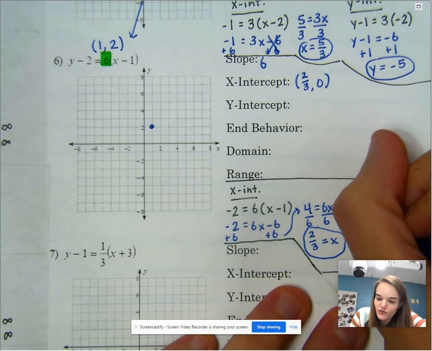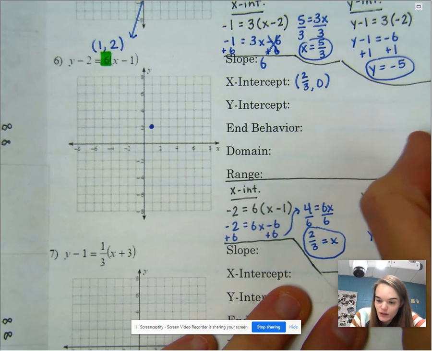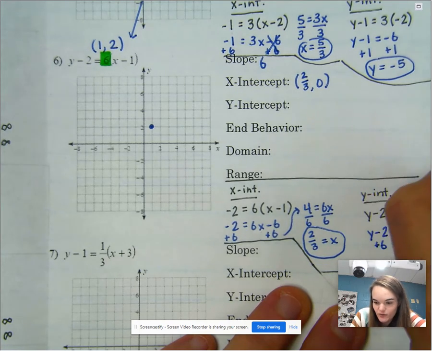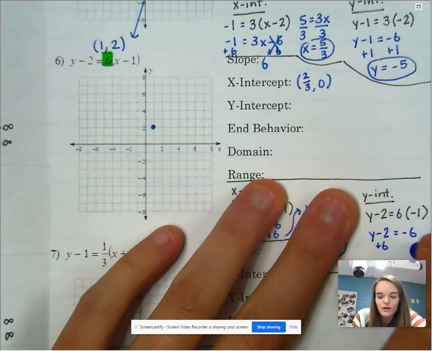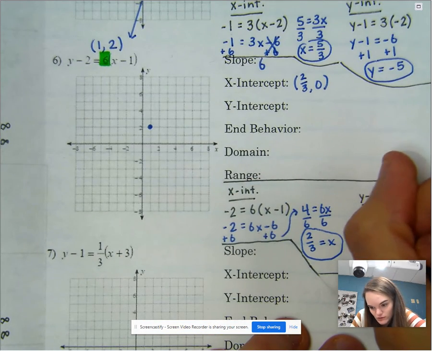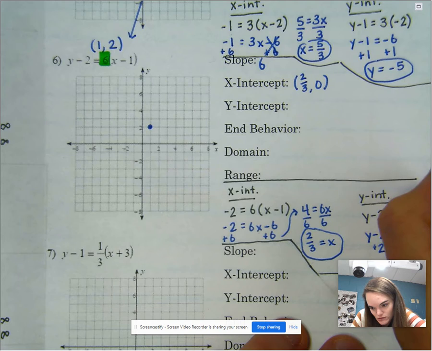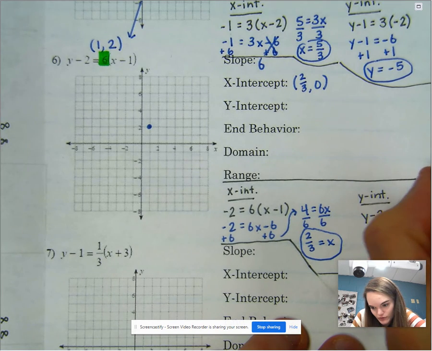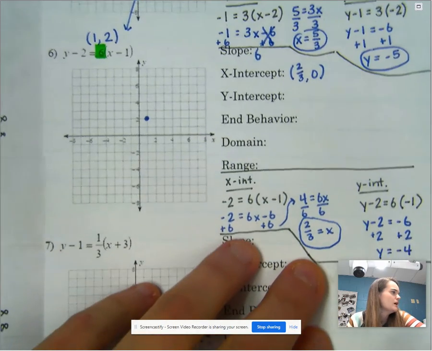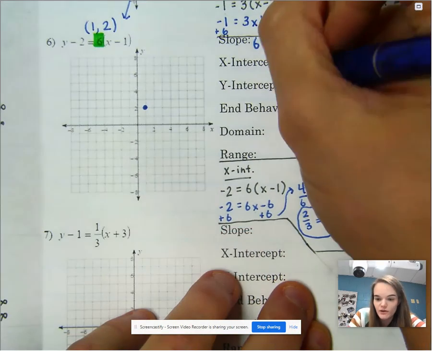Okay, y minus 2 equals -6, add 2, not 6, add 2, y equals -4. You can't see that. 0, -4.